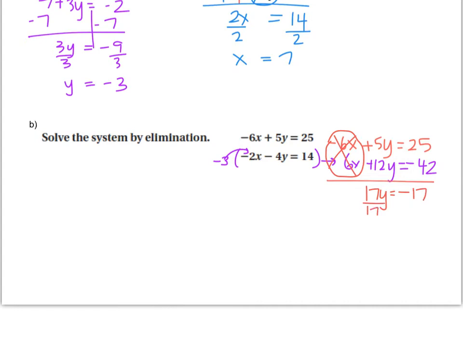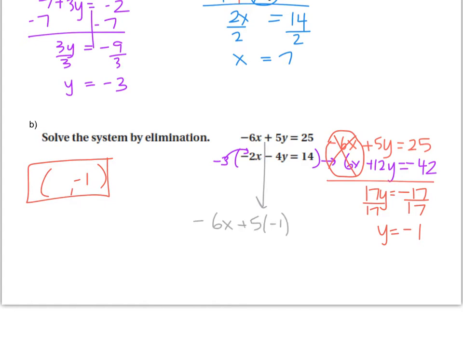So that means that the y value of the intersection point is negative 1. Now I'm going to pick either equation and plug that in to get the x value. They both look kind of complicated, so let me just pick the first one. So I'm going to do negative 6x plus 5 times negative 1 equals 25.